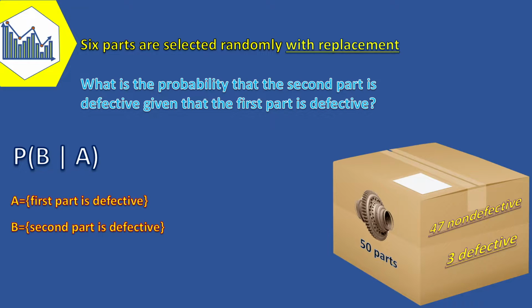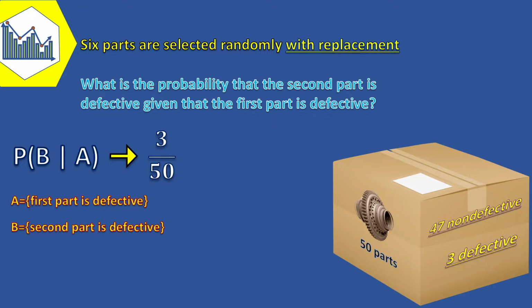Because the first part is replaced prior to selecting the second part, the bin still contains 50 parts, of which 3 are defective. Therefore, the probability of B does not depend on whether or not the first part is defective. That is, the probability of B given A equals 3/50.